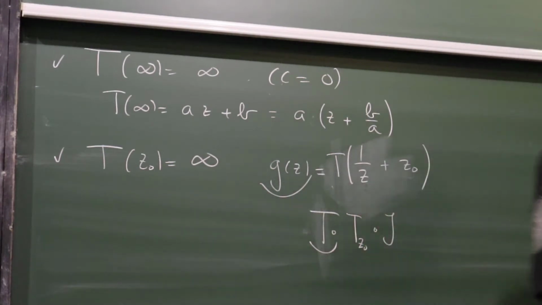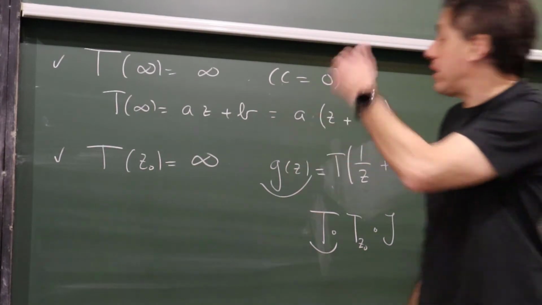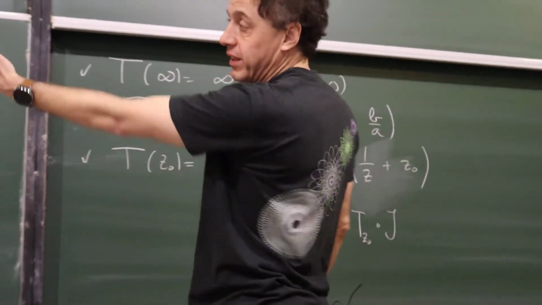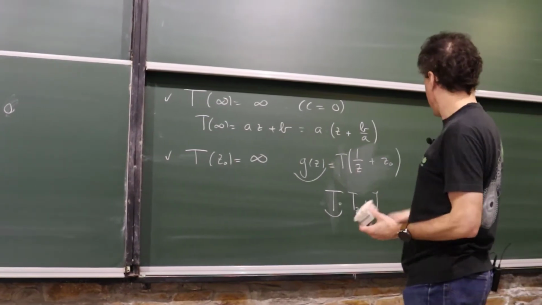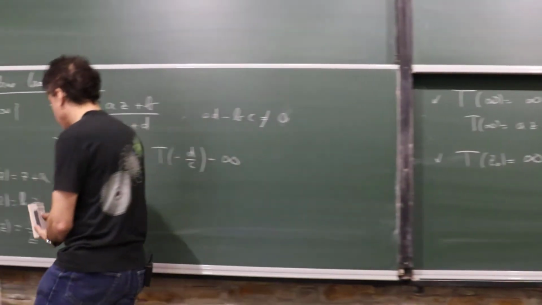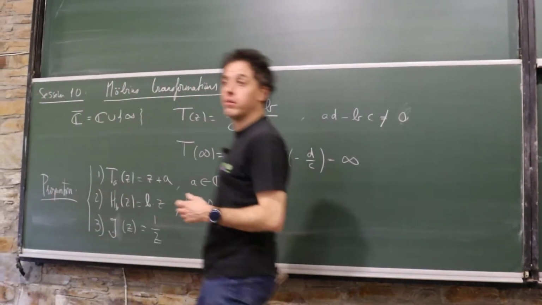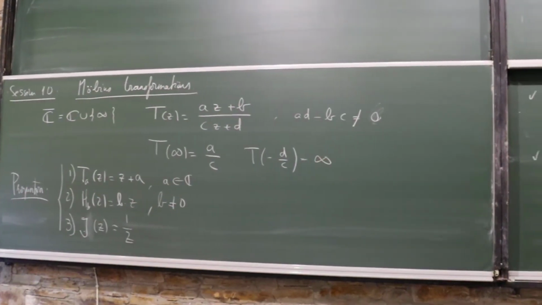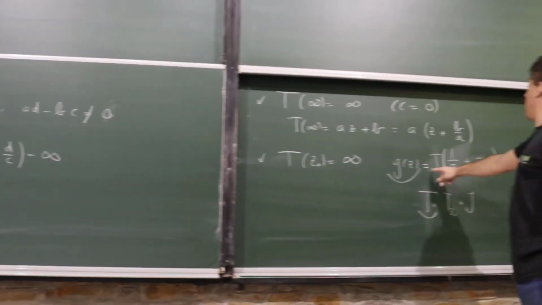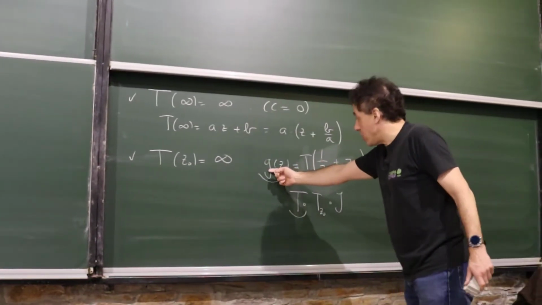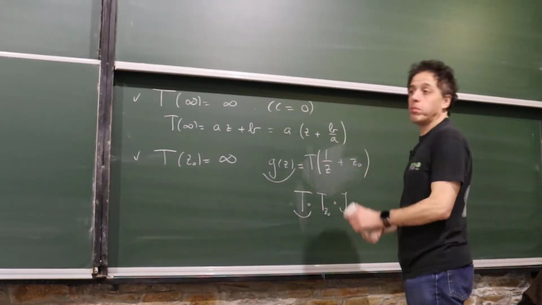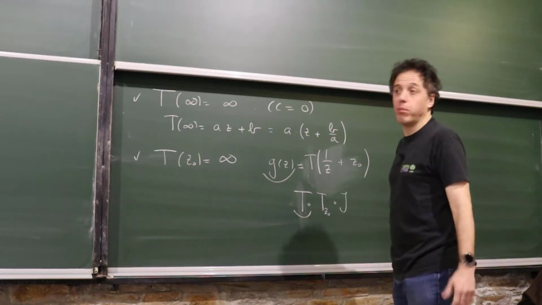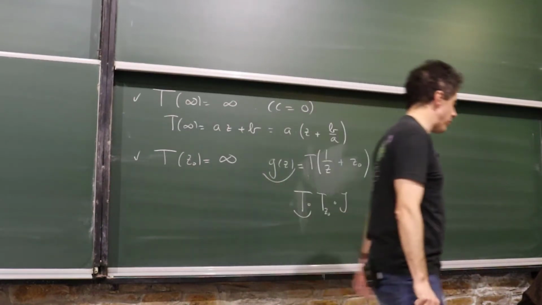So in fact, any Möbius transformation is composed of at most 4 of these transformations. G is composed of 2 Möbius transformations, and so T is composed of at most 4.